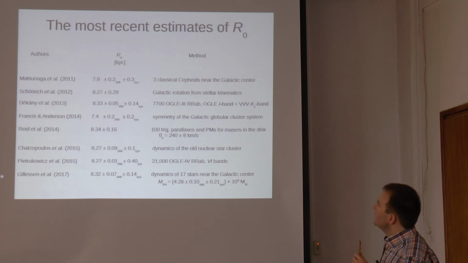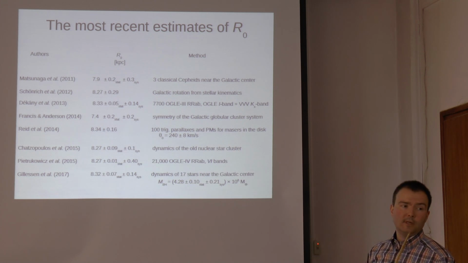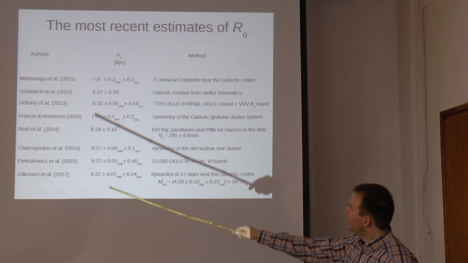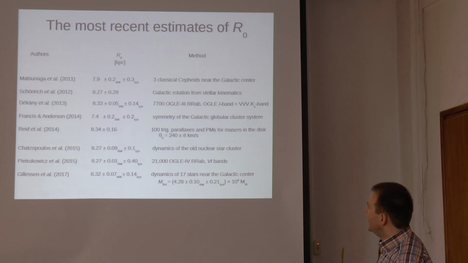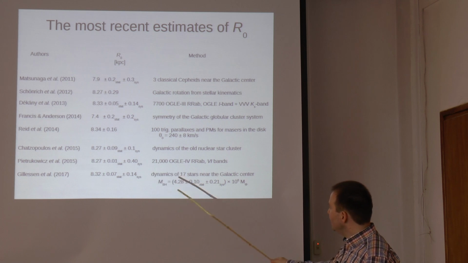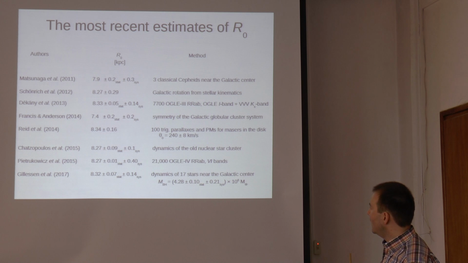And these are the most recent measurements of the distance to the galactic center. As you can see, this is below 8.5, the horizontal line. And this is the most recent distance from the dynamics of the stars in the nuclear star cluster.